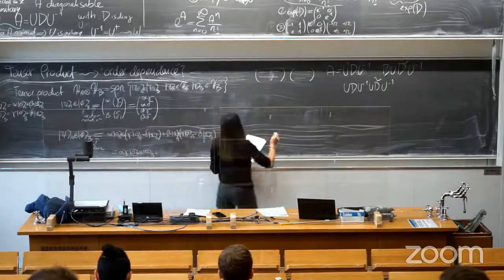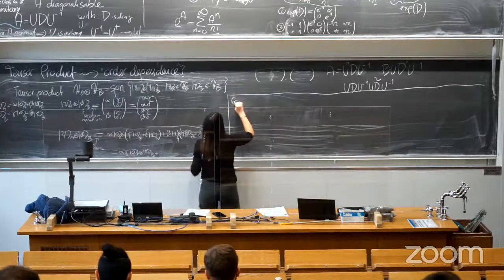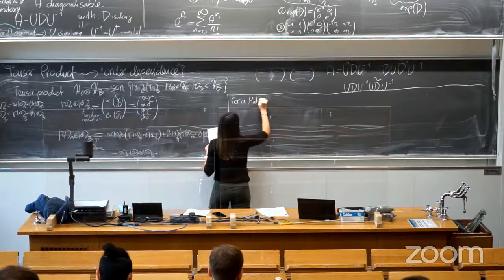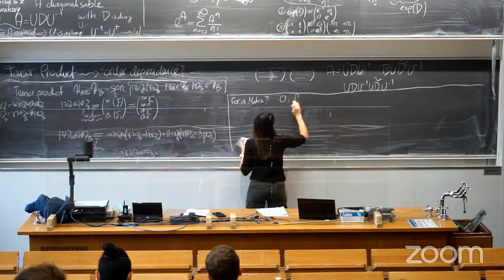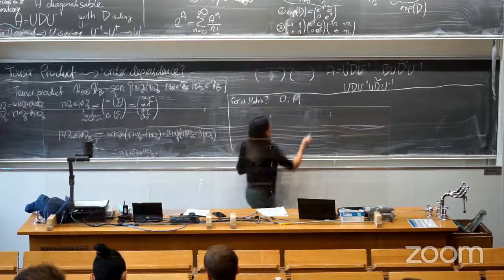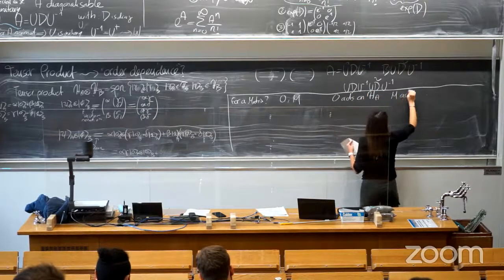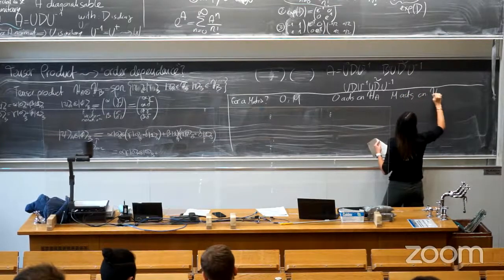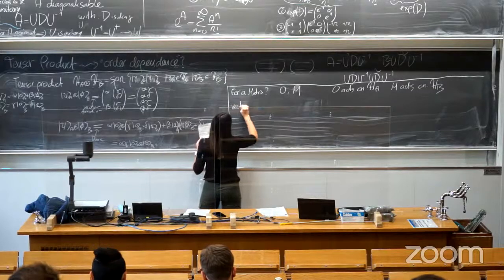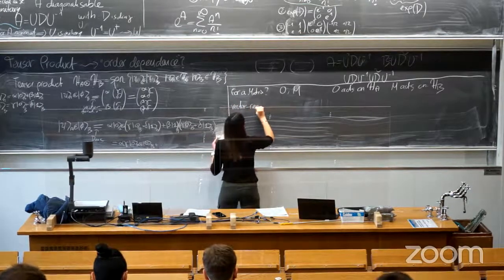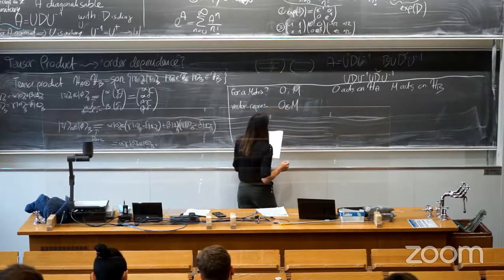What about matrices? Let's say we have matrices O and M, where O acts on my vector space relative to A, and M on my vector space relative to B. We would have O tensor product M. The idea is basically the same.